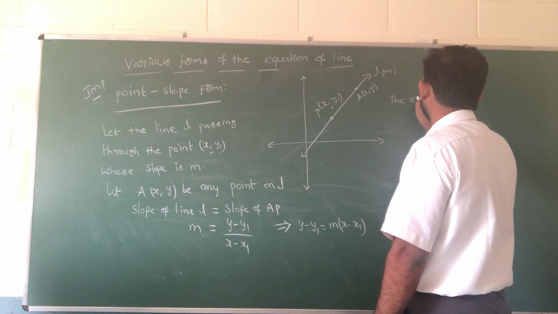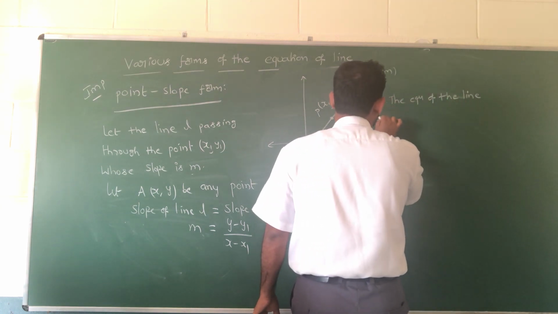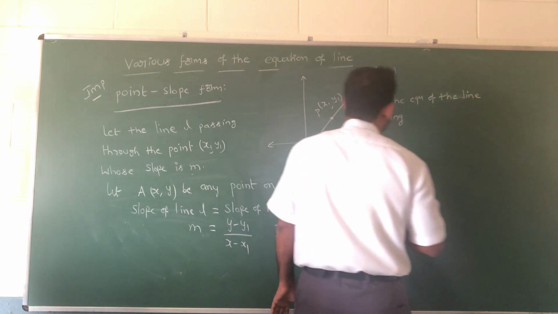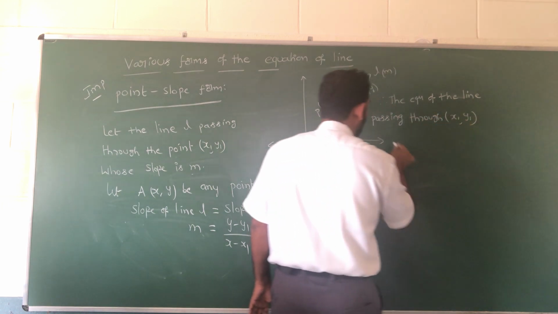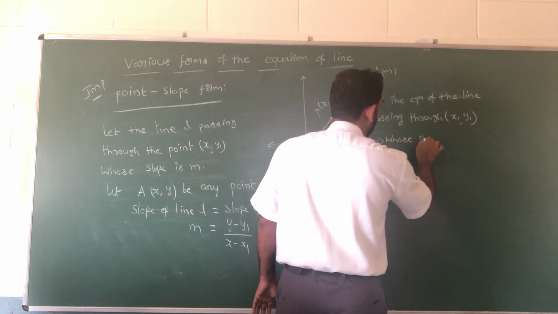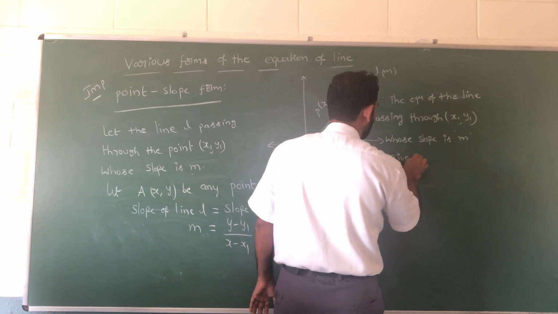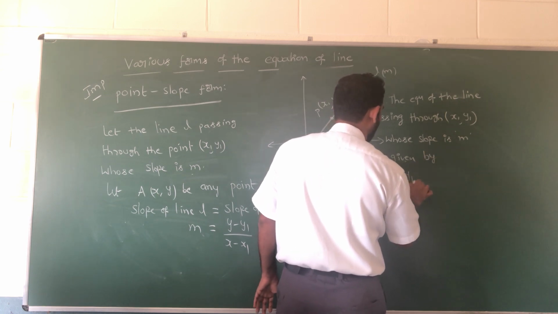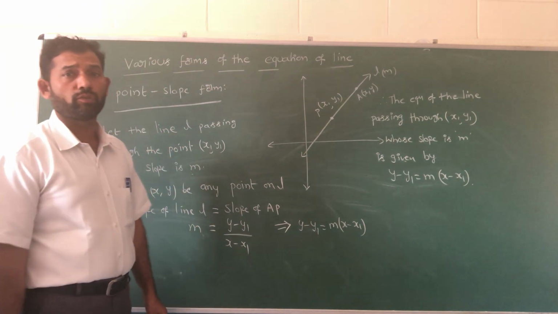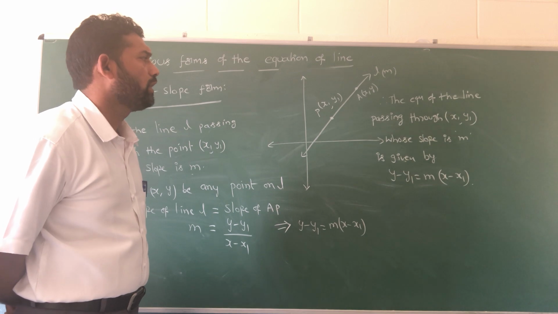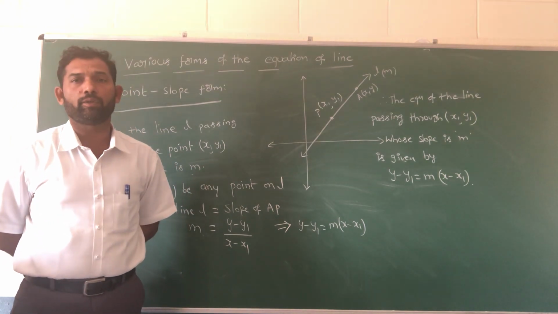You can write the final conclusion. The equation of the line passing through (x1, y1) whose slope is m is given by y minus y1 equals m into x minus x1.